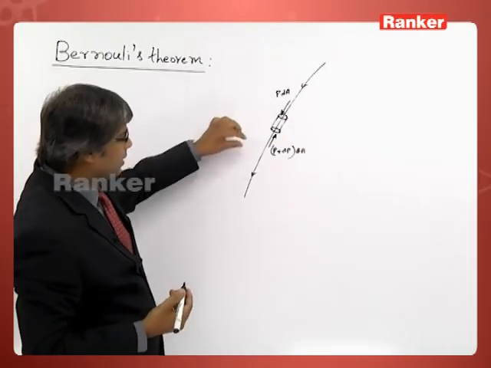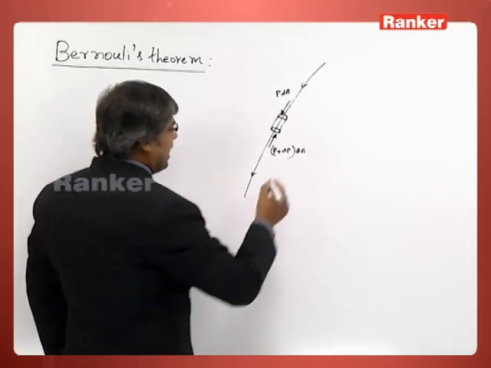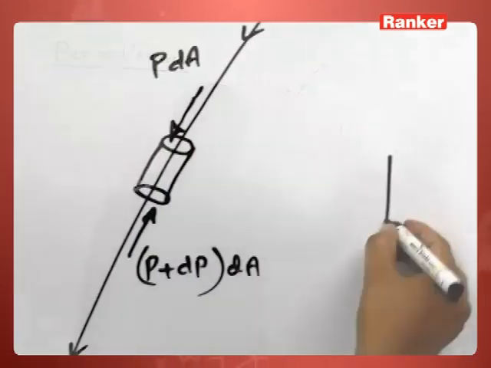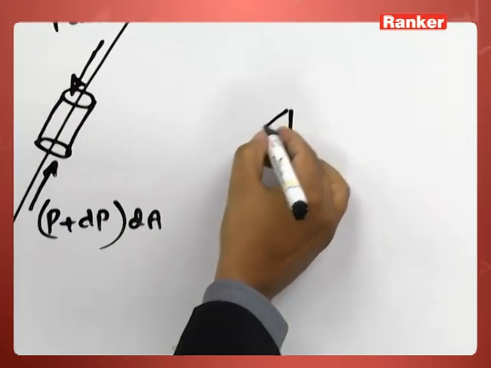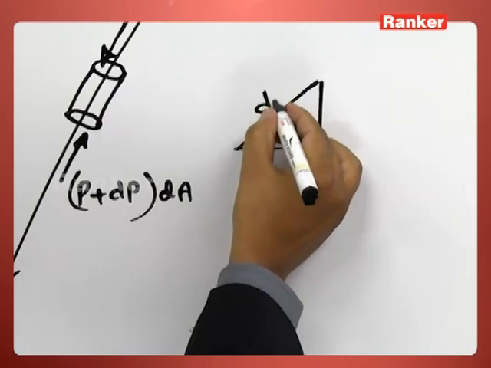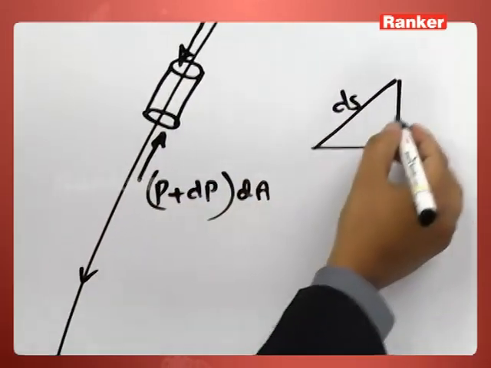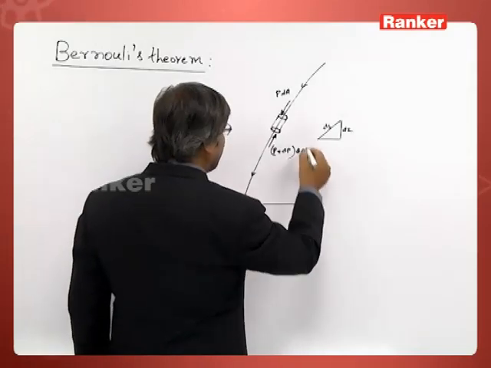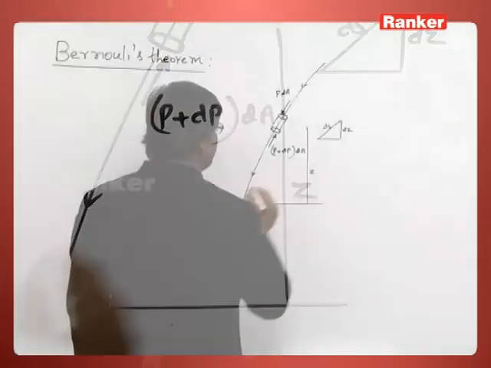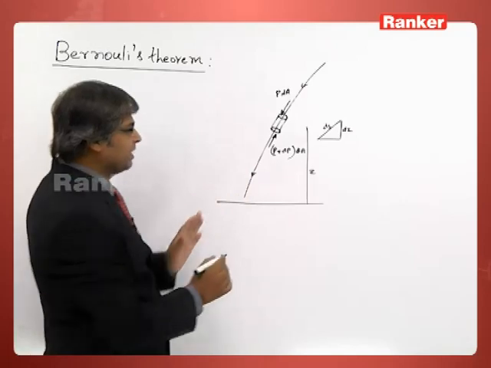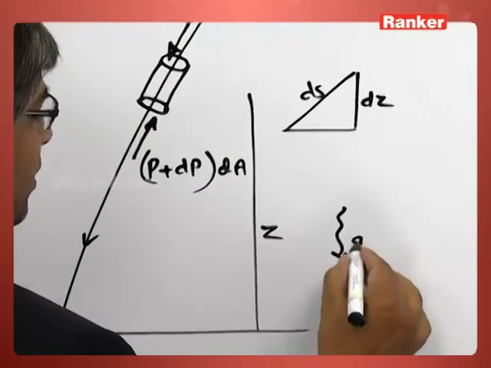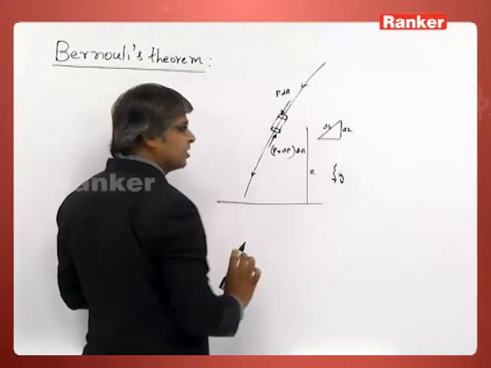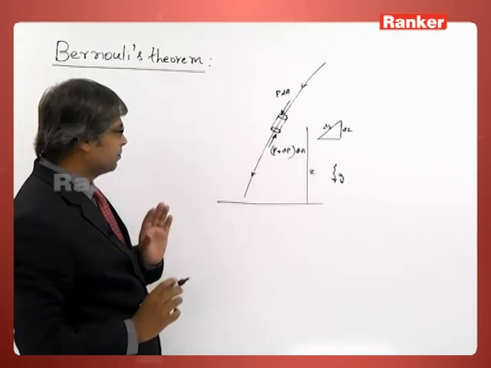So the fluid particle moves and it comes down. This is the differential element. This length ds is denoted here and this becomes dz, and this is the datum, and this is at a height z. The gravity is acting downwards, and z is the vertical direction.